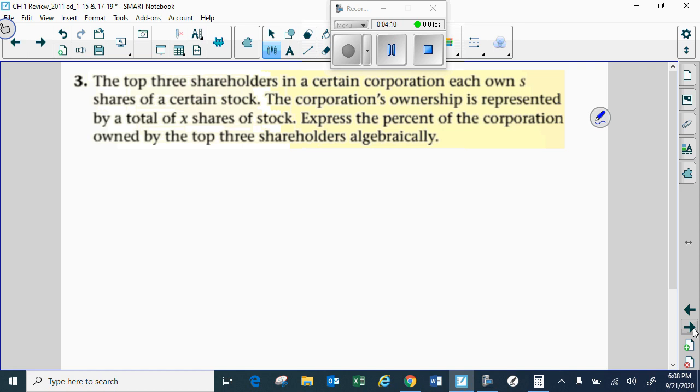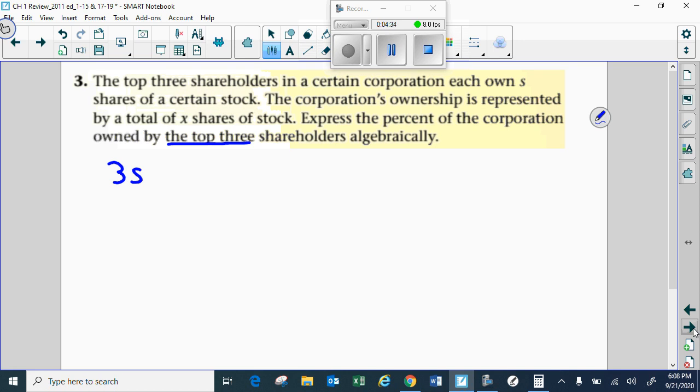So each one owns S shares, not each one, but the total of the top 3. So it's S plus S plus S, 3S. That's how many total shares they own.